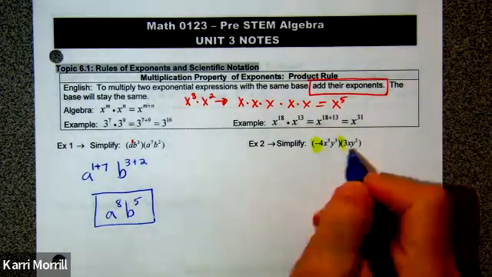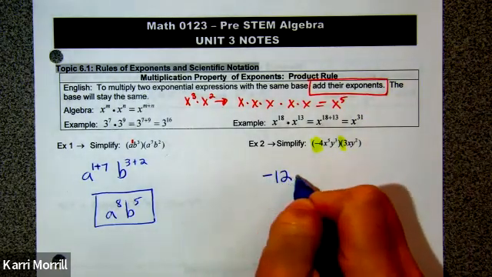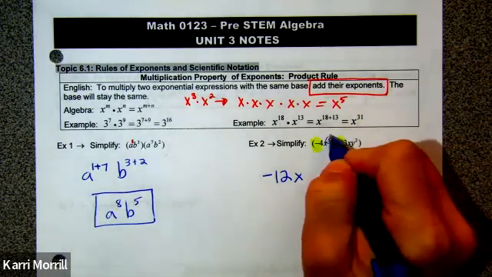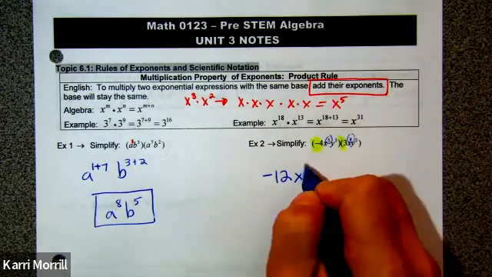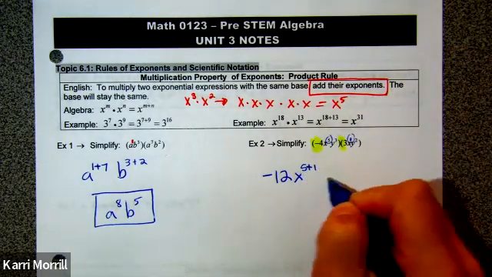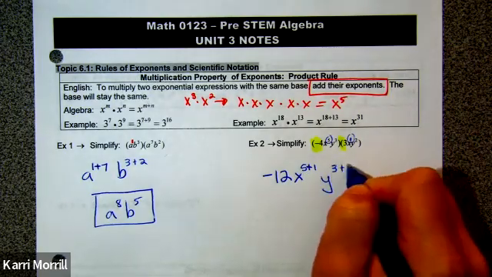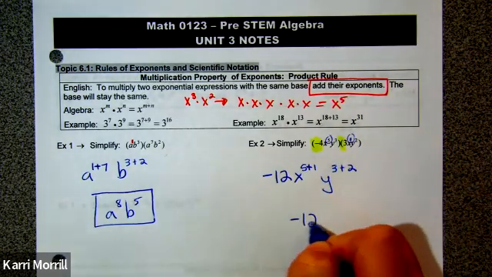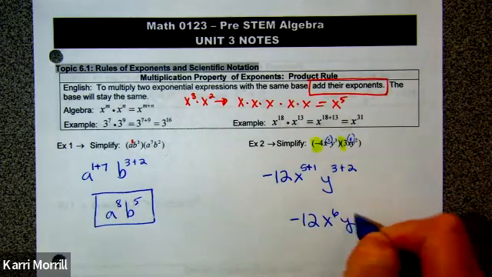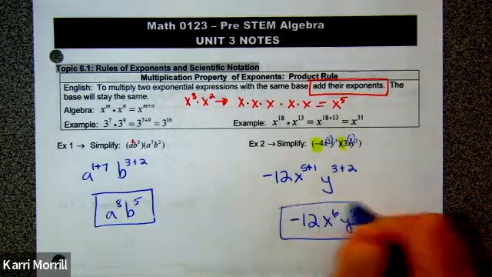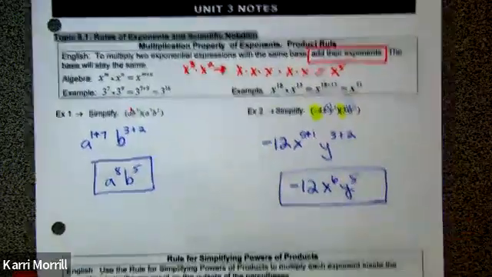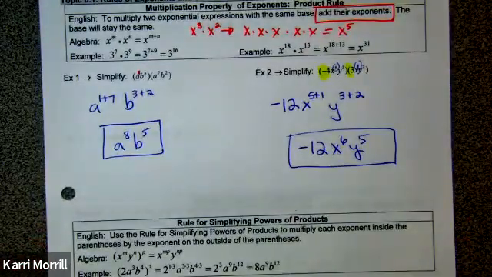So -4 times 3 is a -12, and for x, you're adding 5 plus an understood 1, so I'll just go ahead and write it. And for y, you're adding 3 plus 2, so you have -12, x to the 6th, y to the 5th. Okay, so that's when you add exponents.